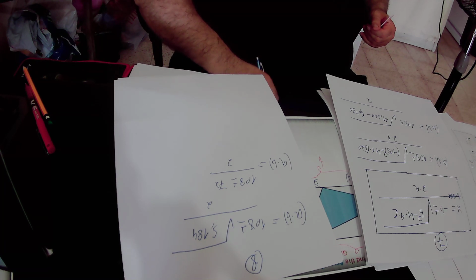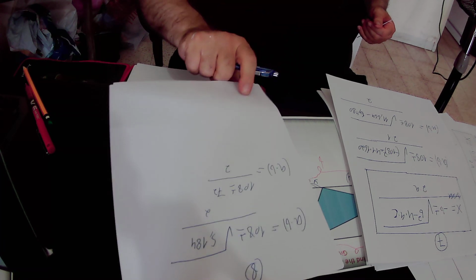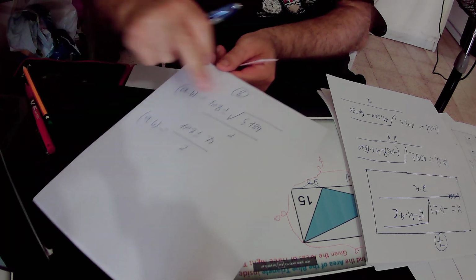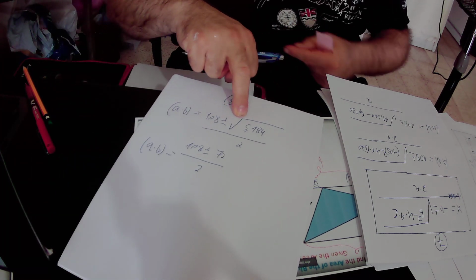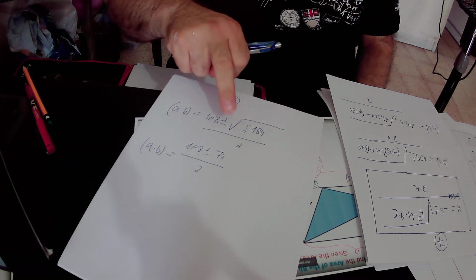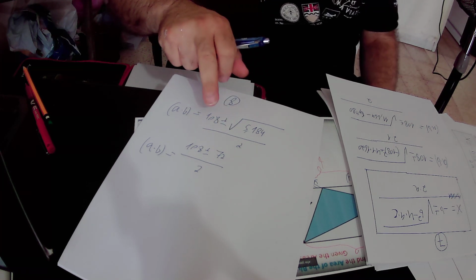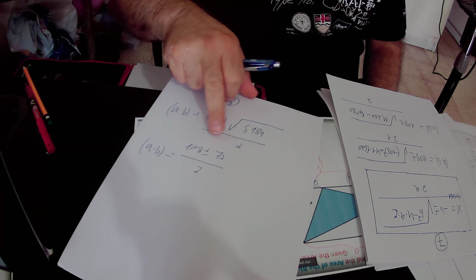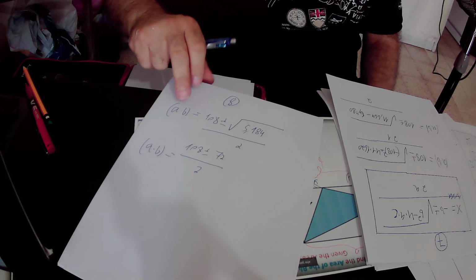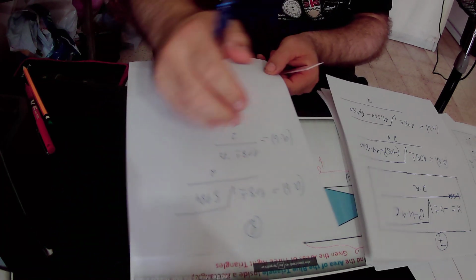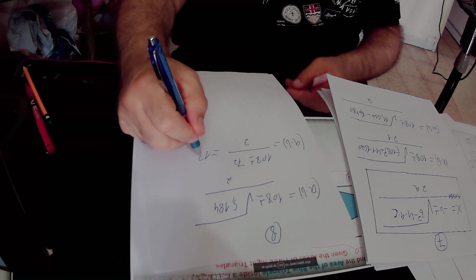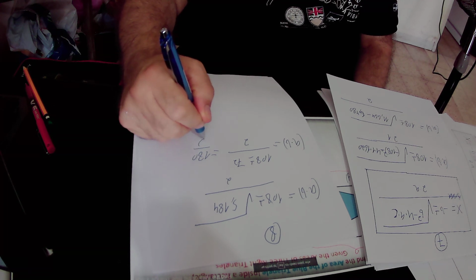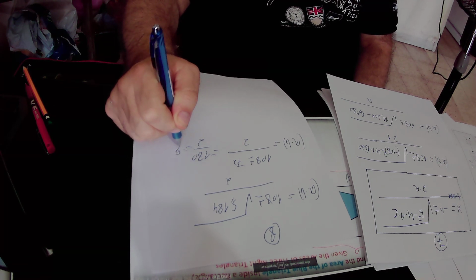So I already told you the root of 5,184 equals 72. So we have 108 plus 72 divided by 2. So it will be 180 divided by 2 equals 90.